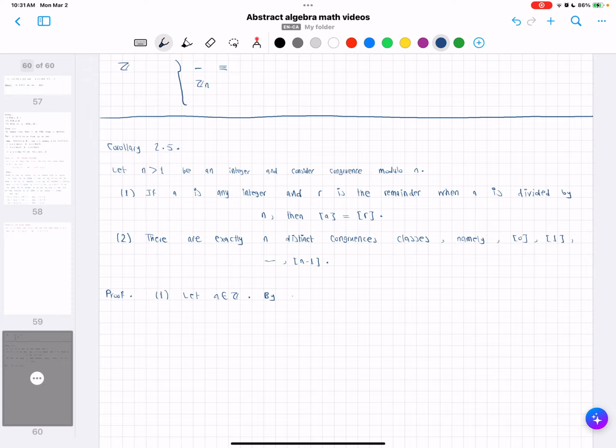By the division algorithm, we can write a as n multiplied by q plus r, with 0 less than or equal to r less than n.